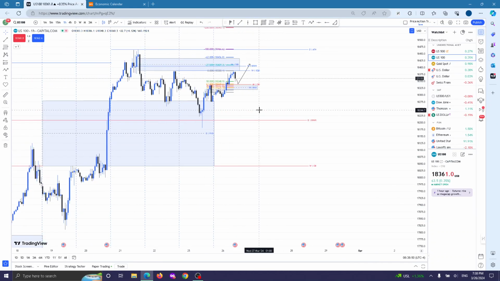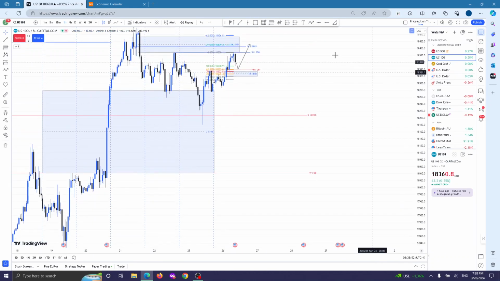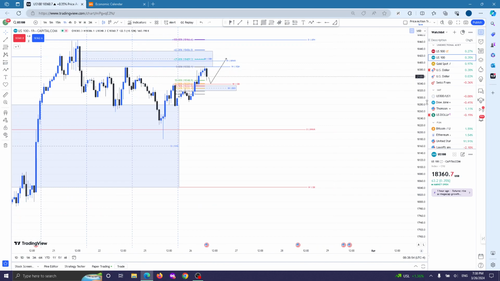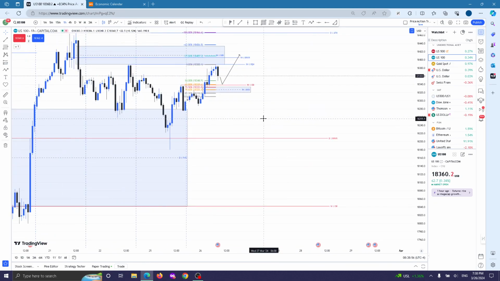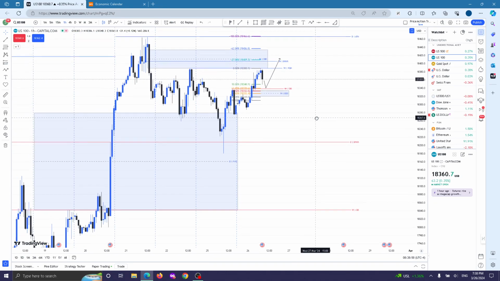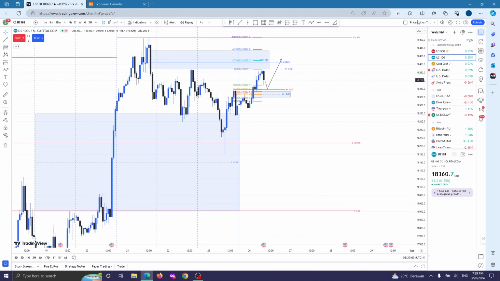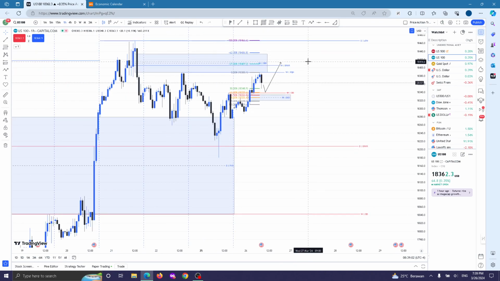Which one's better? I like Nasdaq better though. Look how price reached into this equilibrium. By a pip, by a tick. Interesting. It's retracing now.